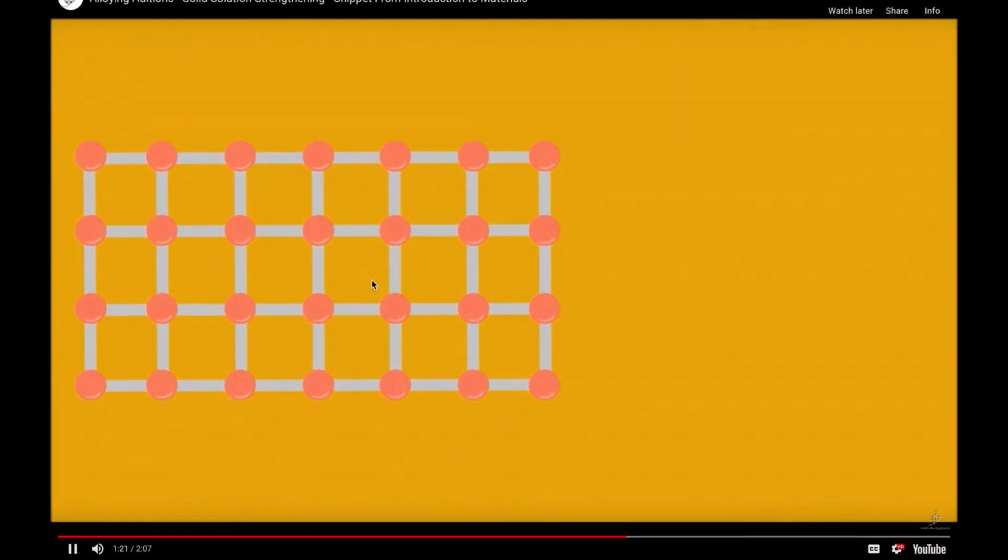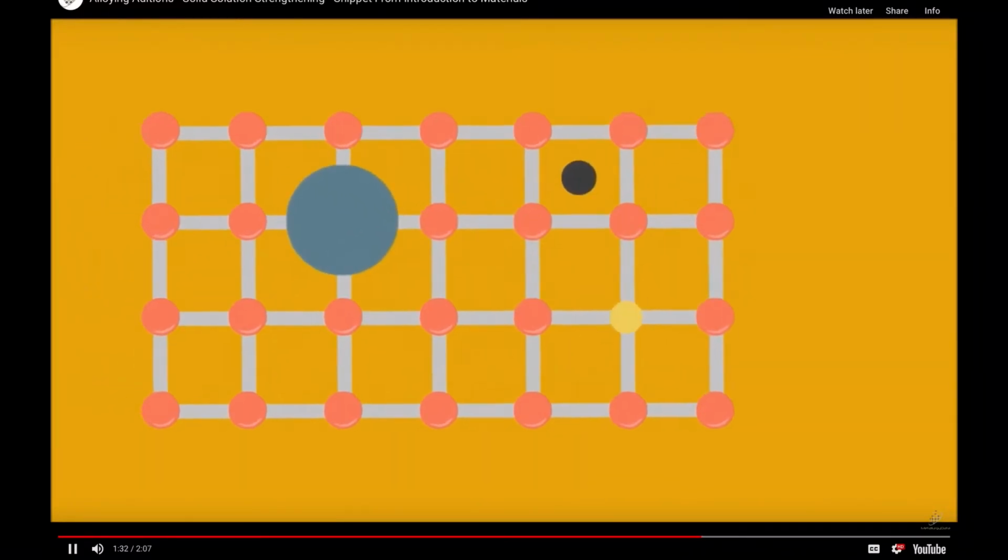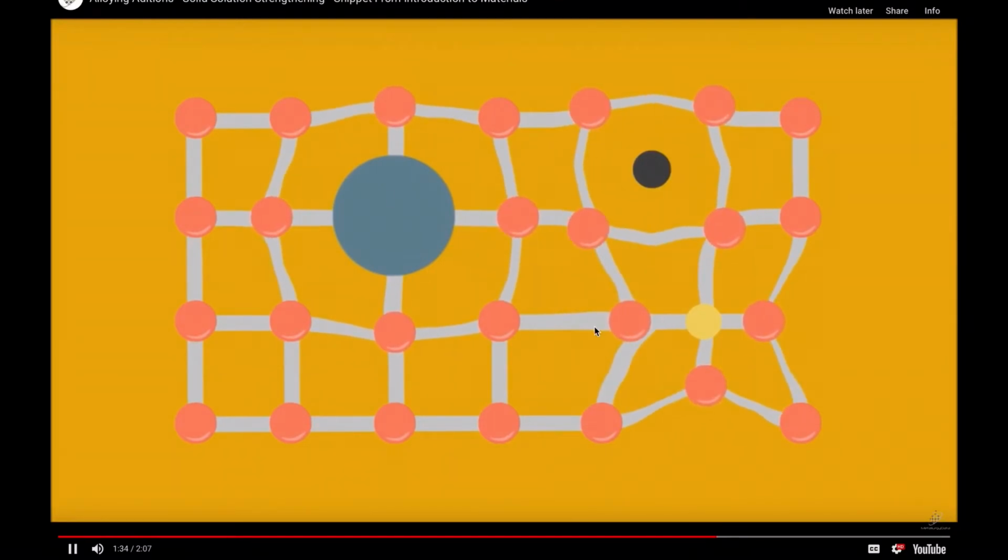Here's the schematic design for an atom arrangement, and imagine this is the alloying element. That's what will happen: it will disrupt the order.